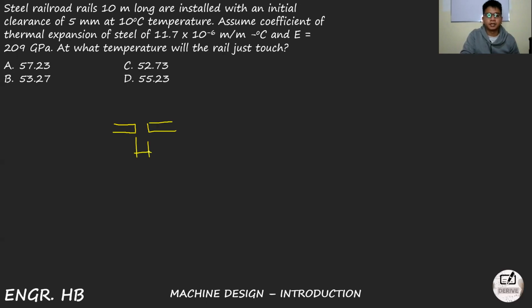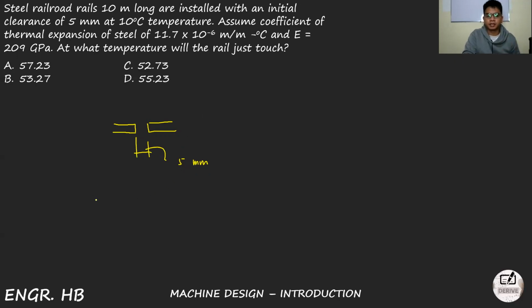So, meron lagi yung clearance, which is given is 5 mm. So, ang hinahanap, at what temperature will the rail just touch? Di ba we all know that the steel nag-expand pag may change in temperature, lalo na kapag nag-increase. So, anong temperature daw magta-touch itong dalawang rails with a clearance of 5 mm?